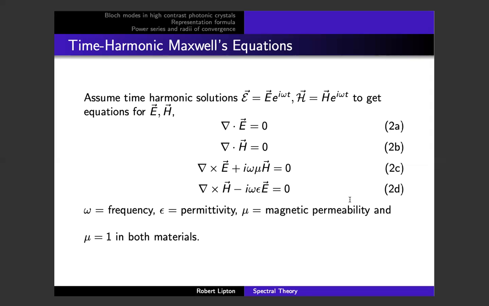So that's the system of equations we're going to work with. And what we're interested in is, in particular, a material continuum made out of two different dielectric materials. So epsilon will take on two different values. And so that's what we're going to look at.